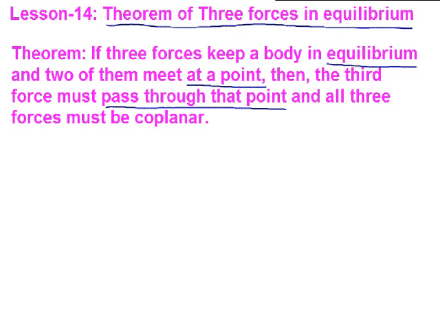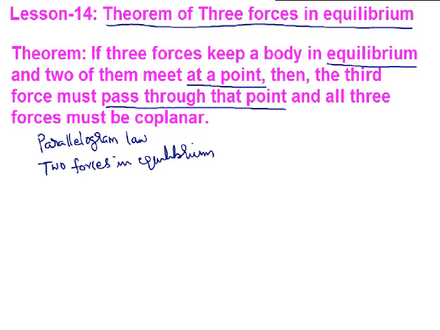One axiom is the parallelogram law, and the other is the two forces in equilibrium law. The parallelogram law gives us how to find the resultant of two forces which are meeting at a point.